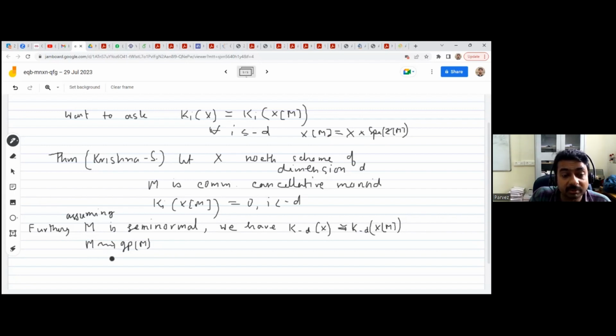So semi-normal means, whenever you take an element x in the group of M, gp(M) meaning group of M, and whenever this x squared and x cubed belong to M, then you demand that x should be in M. So this is called semi-normal.